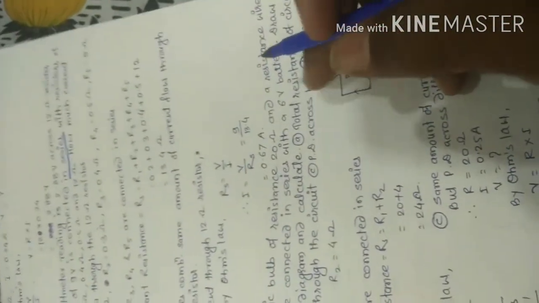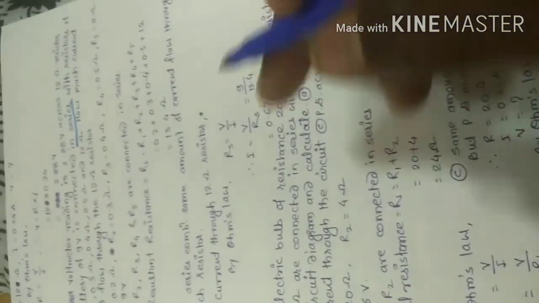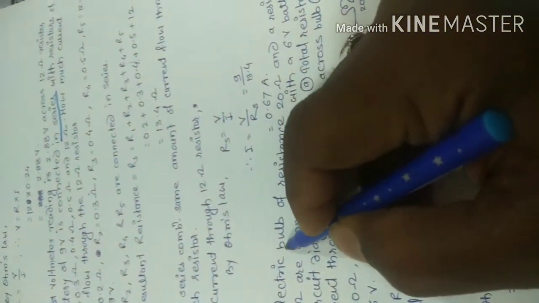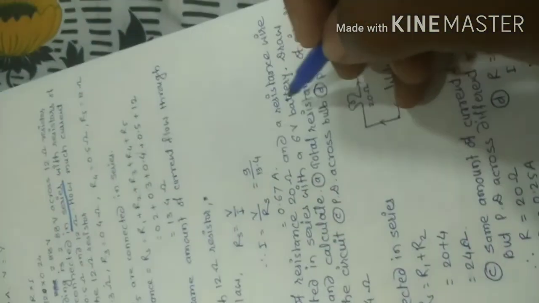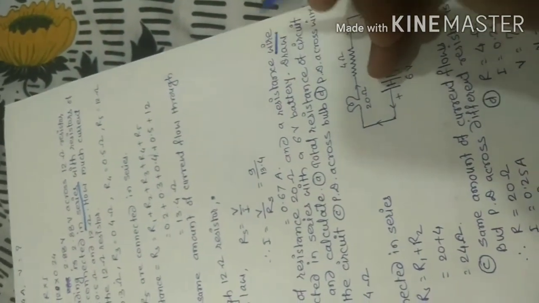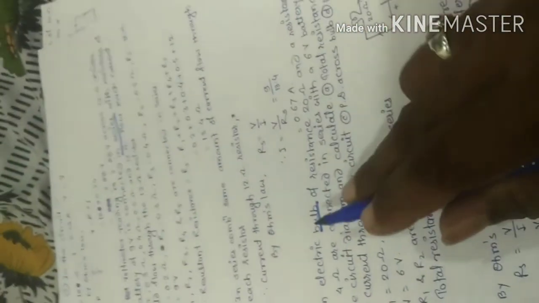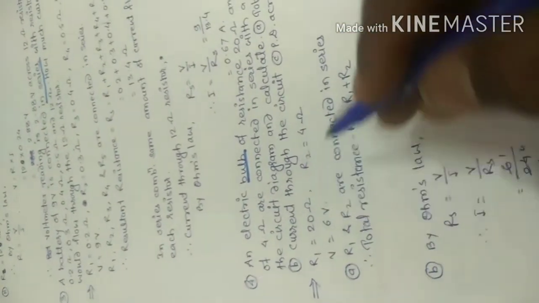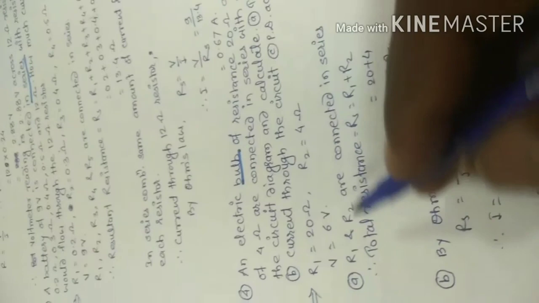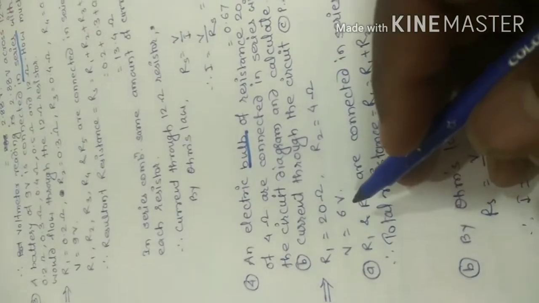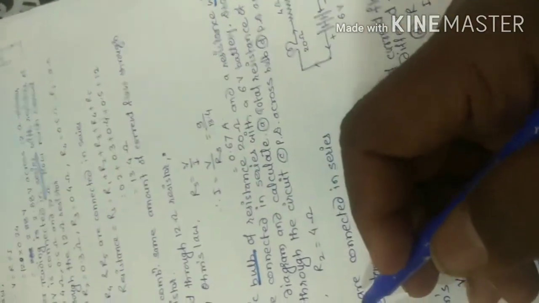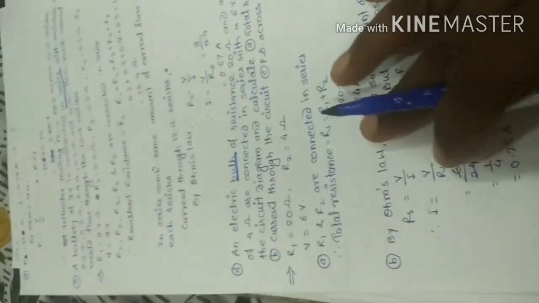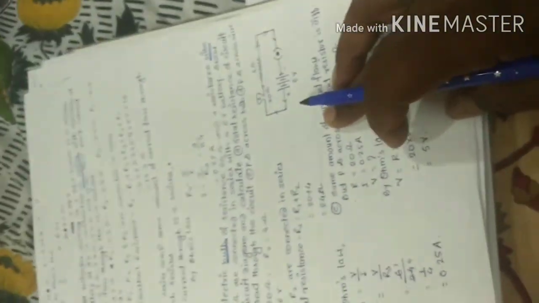Here two resistors are there: one resistor is the bulb and the second is the wire. We take R1 as 20 ohm and R2 as 4 ohm, and the potential difference given is V equals 6 volt.